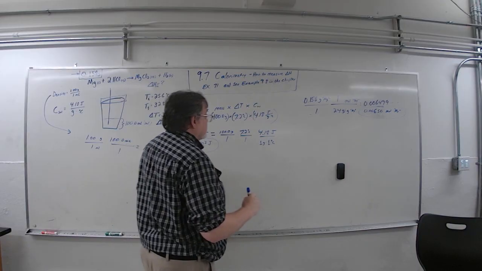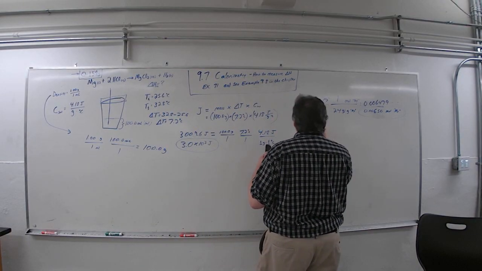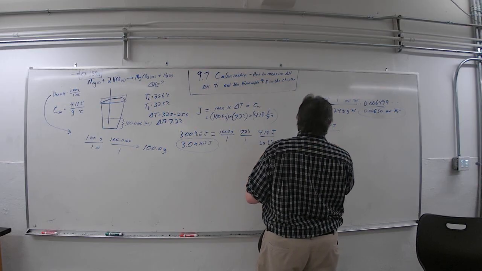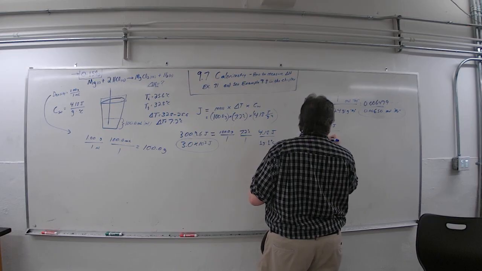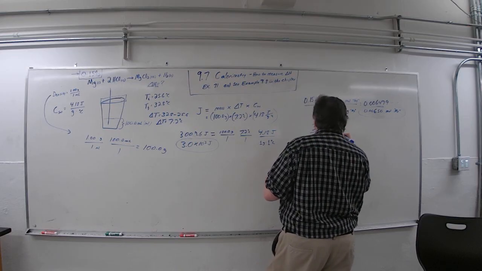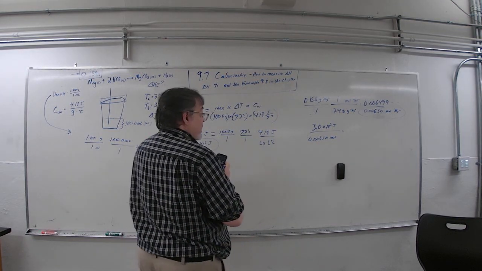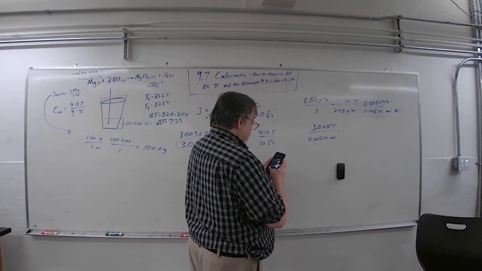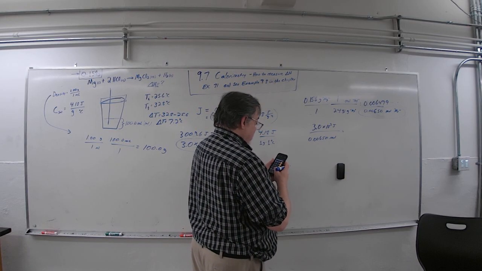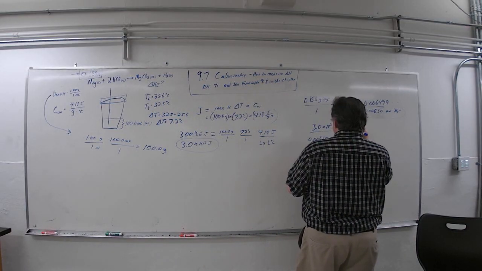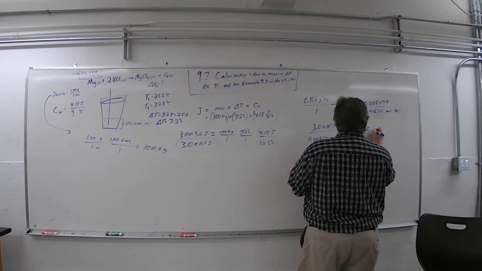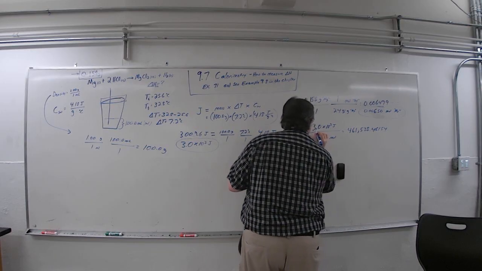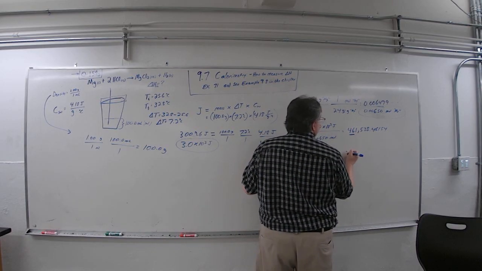So our final step here is we're going to get joules per mole. 3.0 times 10 to the 3 joules over 0.00650 moles. This is 2 significant figures, so I'm only keeping those.